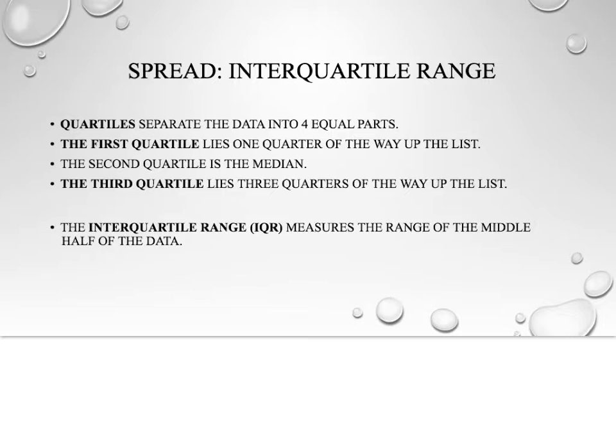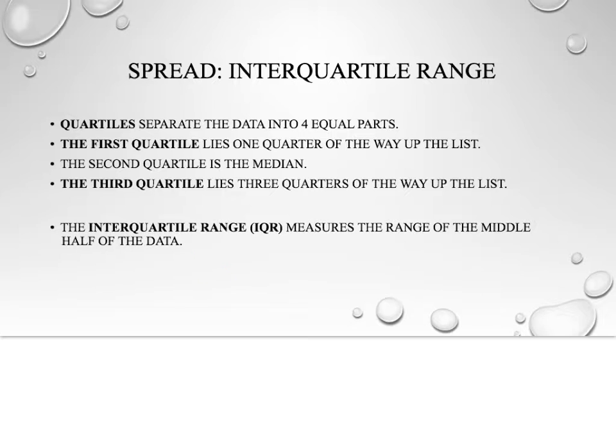Our first quartile lies 1/4 of the way up our list of data. Our second quartile is our median, it's halfway. And our third quartile is 3/4 of the way up our data. So to find our interquartile range, we're looking at the middle half of the data.